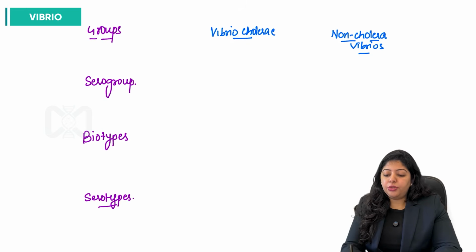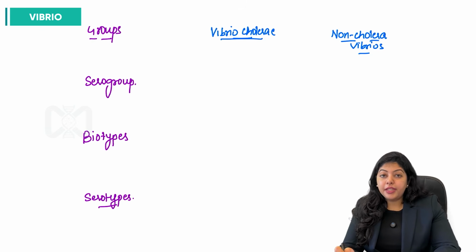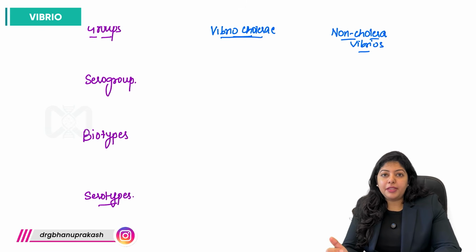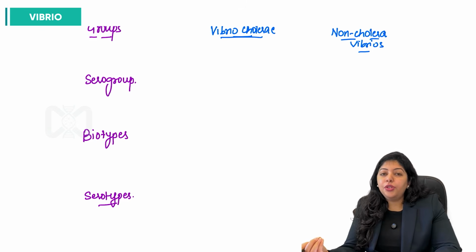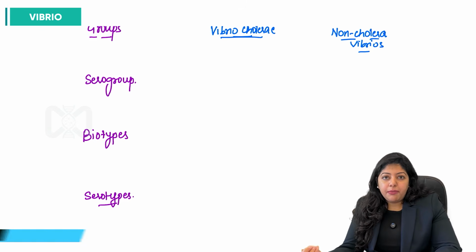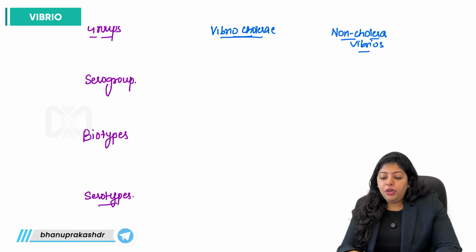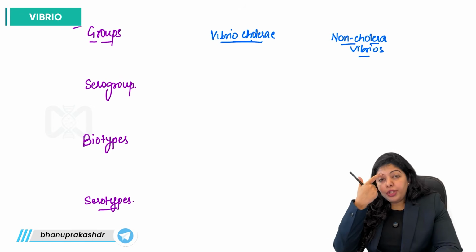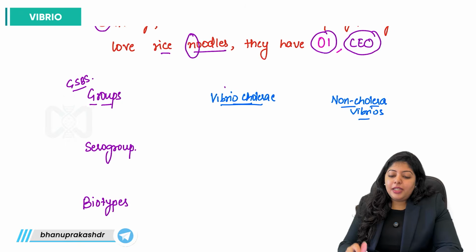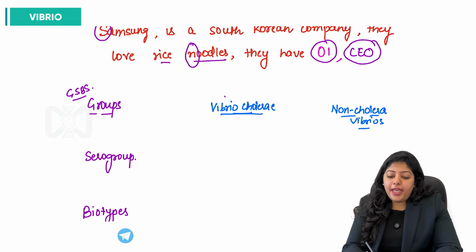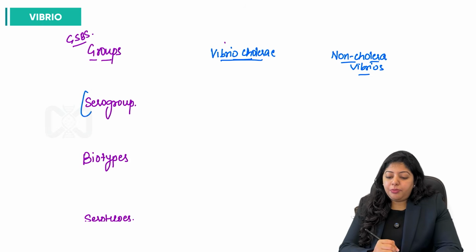Now comes the serogroup. Since we are talking about rice water stools and the pandemics and epidemics, we need to classify which serogroup, biotype or serotype is responsible for these pandemics, which is very important for epidemiological reasons. We said that Samsung is a Korean company, so S comes for the serogroup.